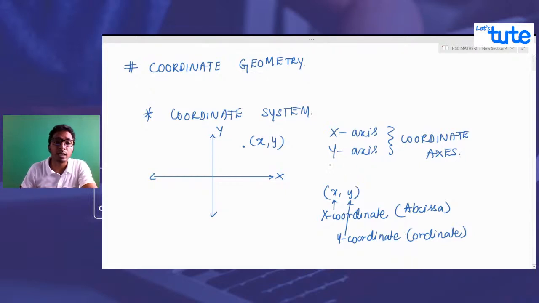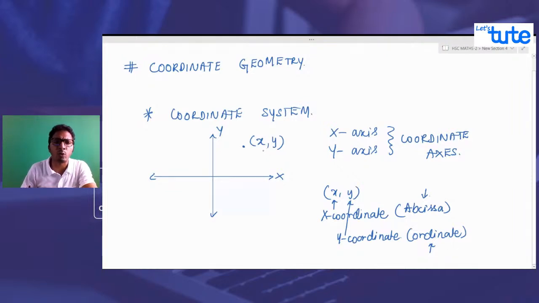I repeat, the location of a point is given with respect to the x-axis and y-axis, and the location given with respect to the x-axis is called the x coordinate. Alternatively, it is also known as abscissa, and the location of a point with respect to the y-axis is called the y coordinate, and alternatively it is called ordinate.